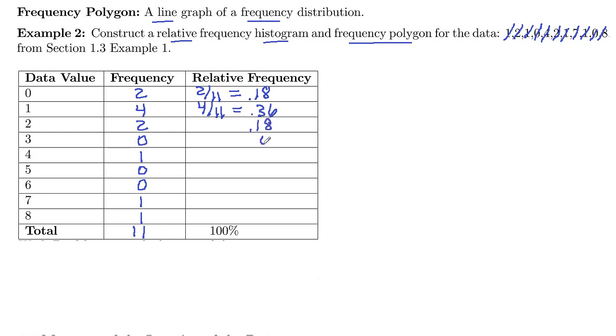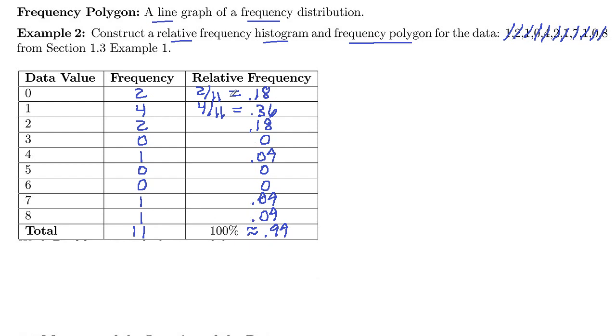So 0.18, 0, 0.09, 0, 0, 0.09, and 0.09. So these should add up to approximately 1.0. And in fact, in this case, they add up to 0.99. So that's approximately equal to 1, which is 100%.